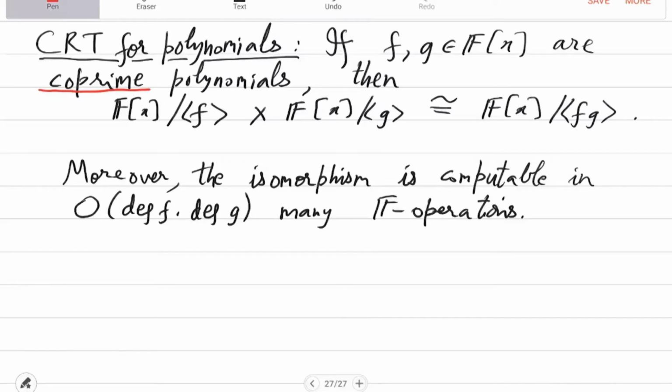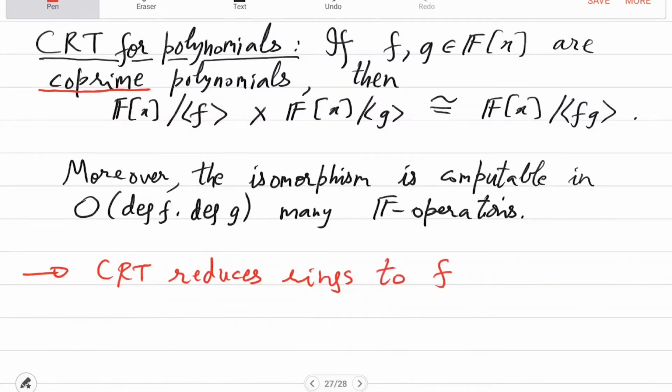The understanding over fields is far more than the understanding over rings. This is the very reason CRT exists: it reduces rings to fields. It does this both in proofs and also in algorithms.